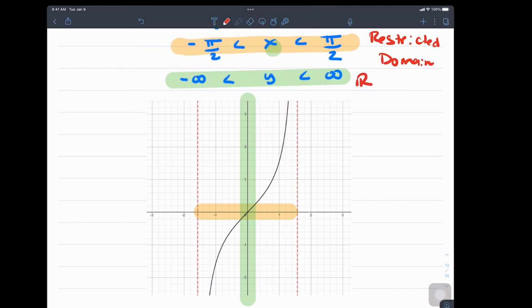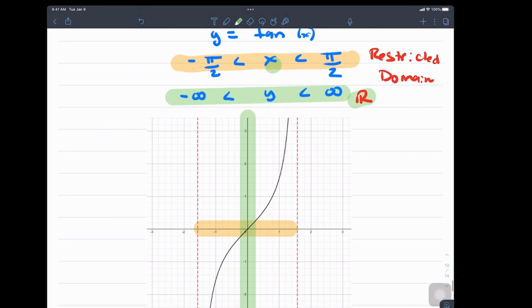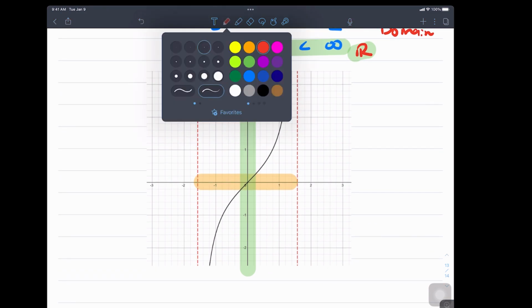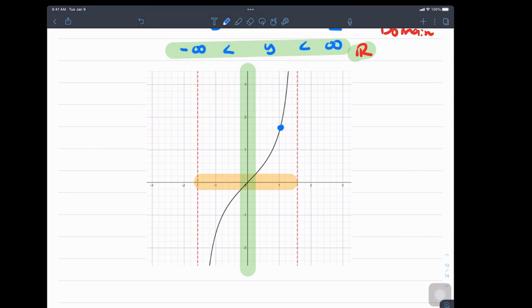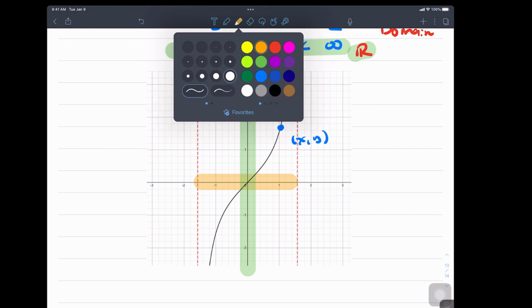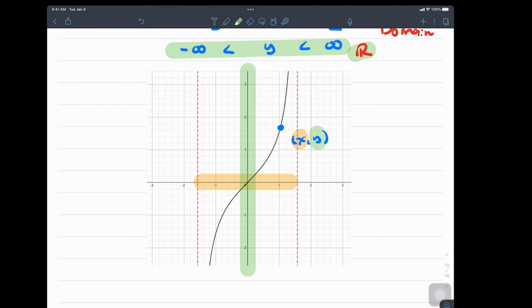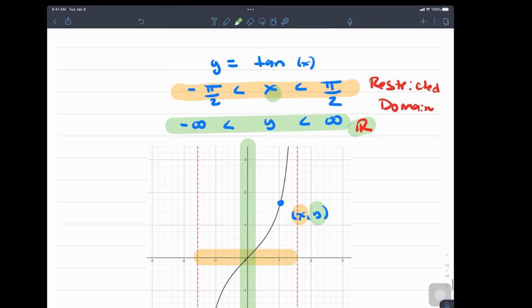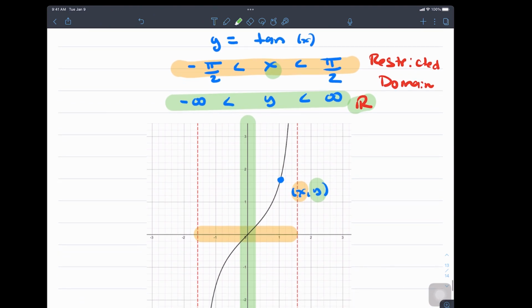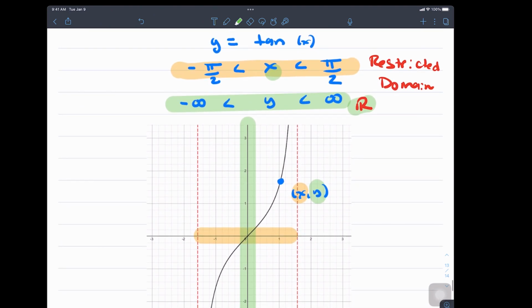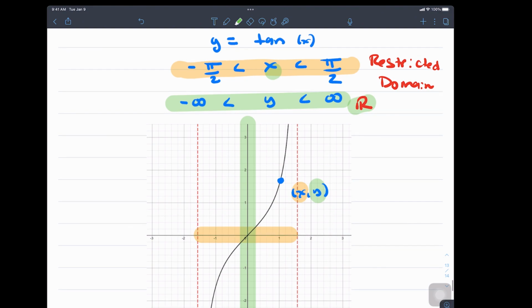Okay, so I just want to share with you guys how we get that, because remember, we're really talking about an x coordinate and a y coordinate. The x coordinate is here, the y coordinate is here, so you're getting information about tangent.